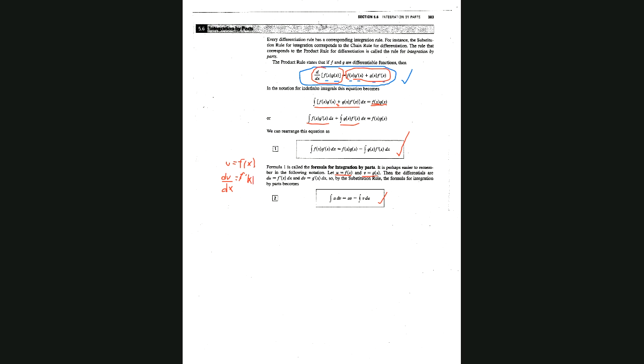That just means I'm taking the derivative of u with respect to x, which is the same as f prime of x. But then du would equal f prime of x dx. Similarly, if v equals g of x, dv would be g prime of x dx. And so by the substitution rule, the formula for integration by parts becomes this formula.